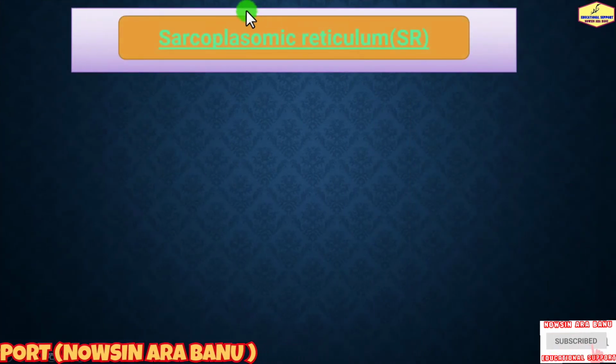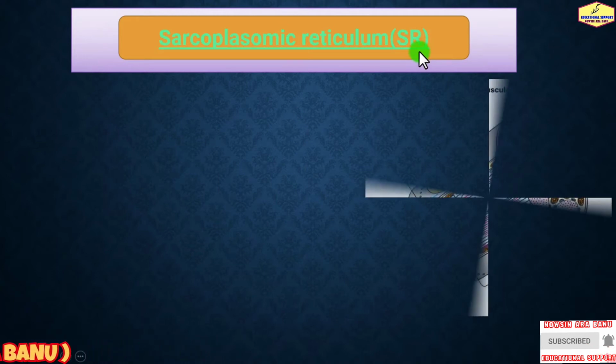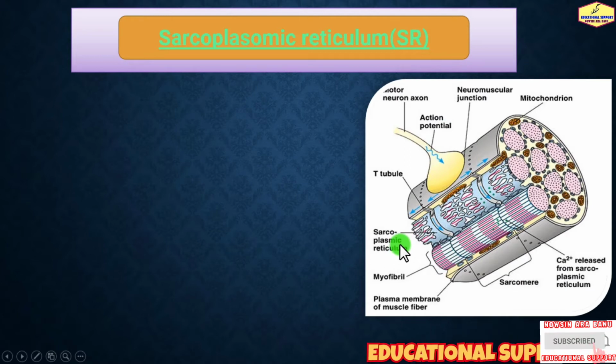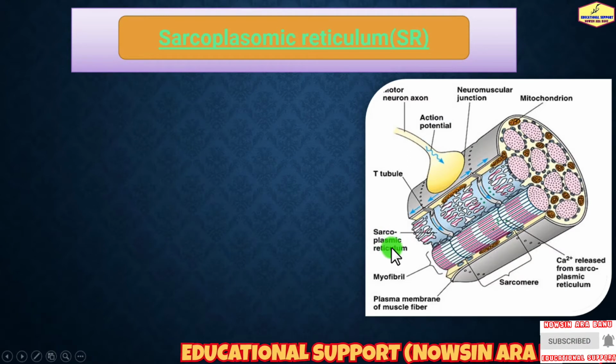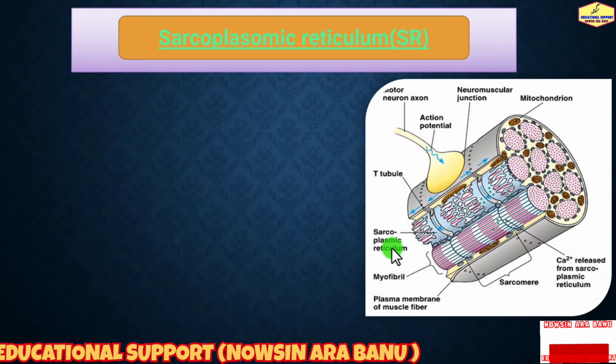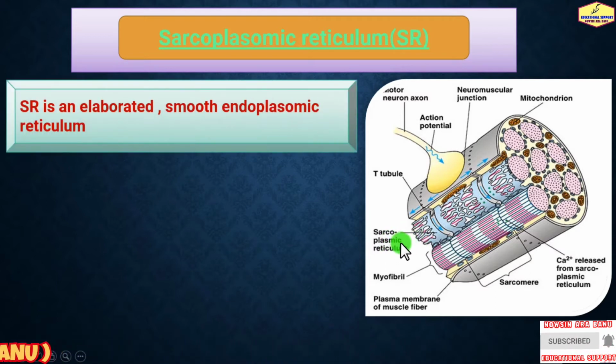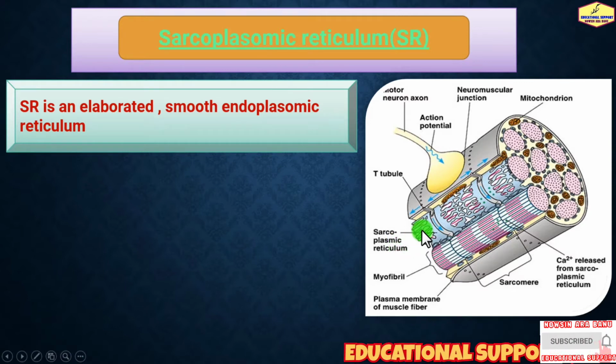Next is sarcoplasmic reticulum. So sarcoplasmic reticulum is an elaborated smooth endoplasmic reticulum and runs longitudinally and surrounds each myofibril to form chambers called the terminal cisternae.